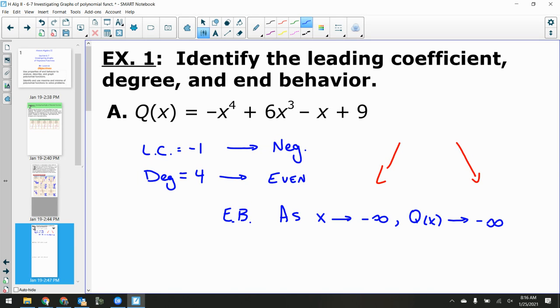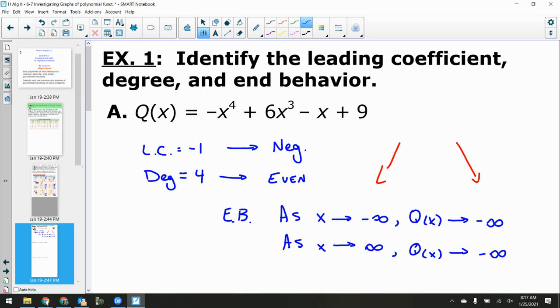So that's the left side. We described the left side. Let's describe the right side. As x keeps getting more positive, well, it also goes down. Q of x continues downward as well. And that's how we write the end behavior.